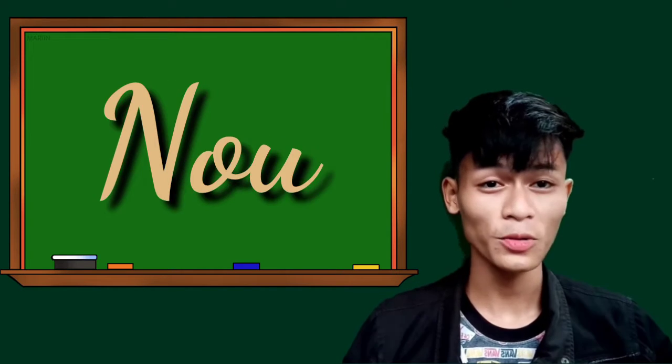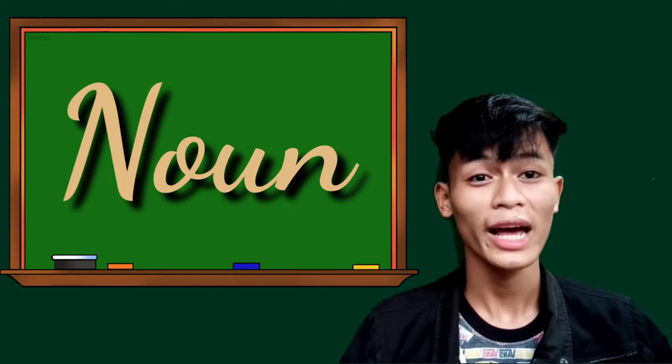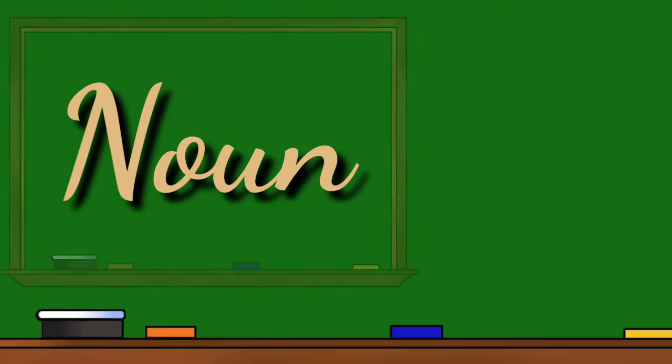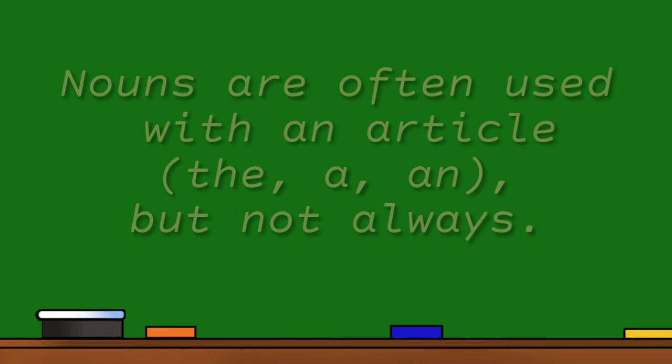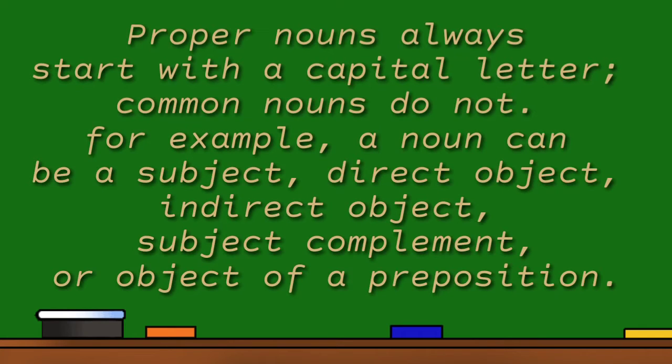A noun is anything that names a person, a place, an animal, a thing, or an idea. Nouns are often used with an article: the, a, and an, but not always. Proper nouns always start with a capital letter.